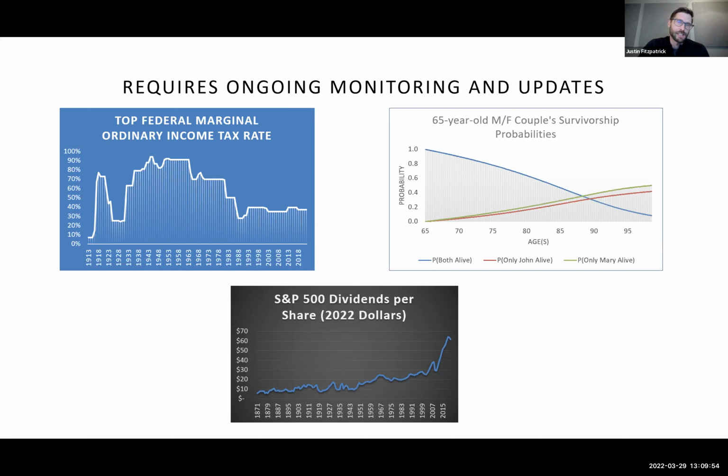Things like changes in the tax code, right? So on the upper left, you just see the top federal marginal rate. Over time, you see that it's changed quite a bit, a little less so recently, but obviously when there are tax code changes, it's time to update things. It's possible that the household makeup changes either through death, divorce, marriage, and so on.